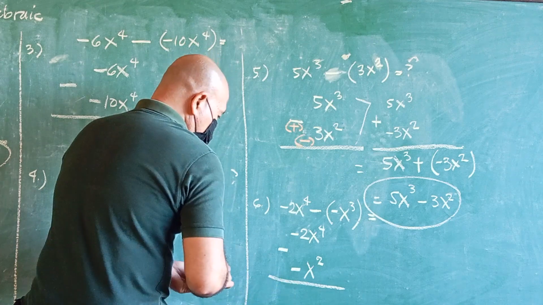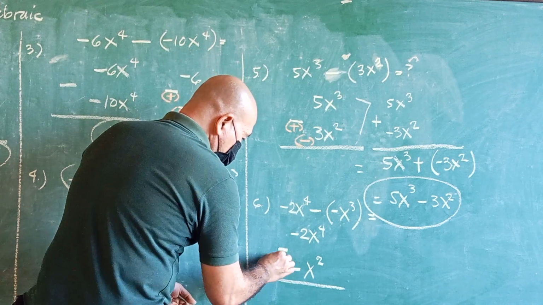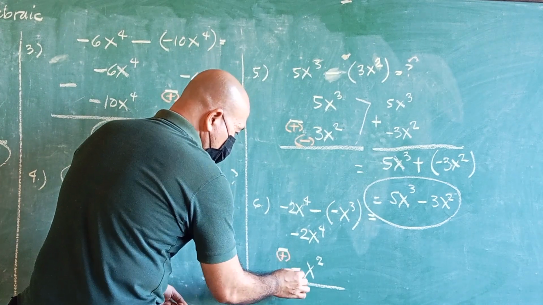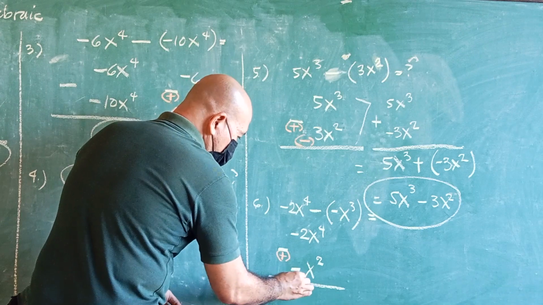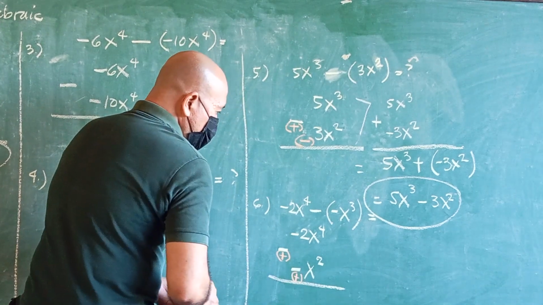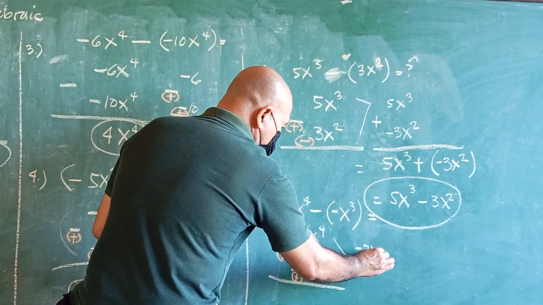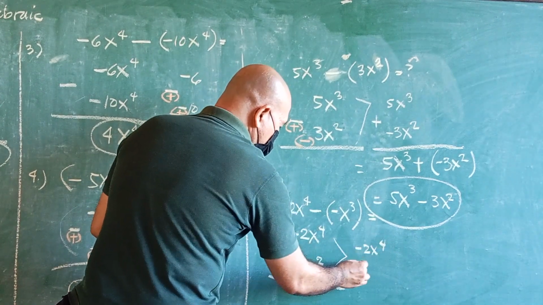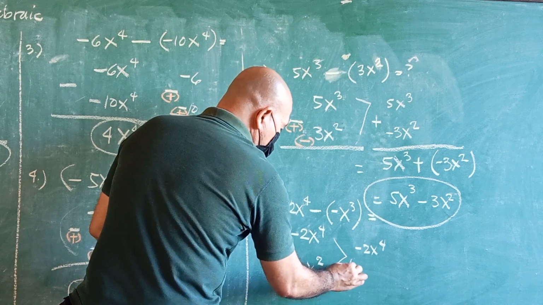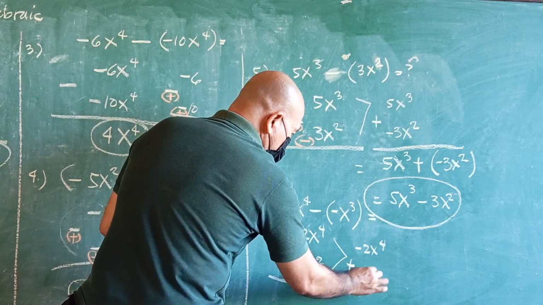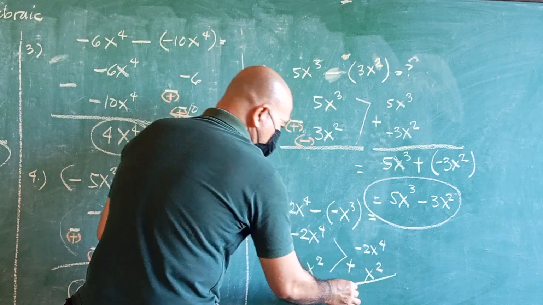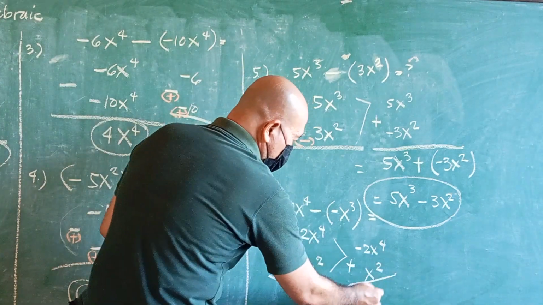Still you need to apply the rules from minus to plus and from negative to positive. So it becomes negative 2x raised to the power of 4 and then plus positive x raised to the power of 2. So bring them down as your answer.